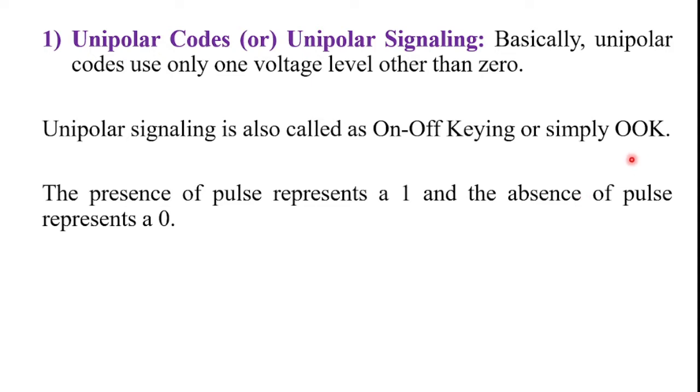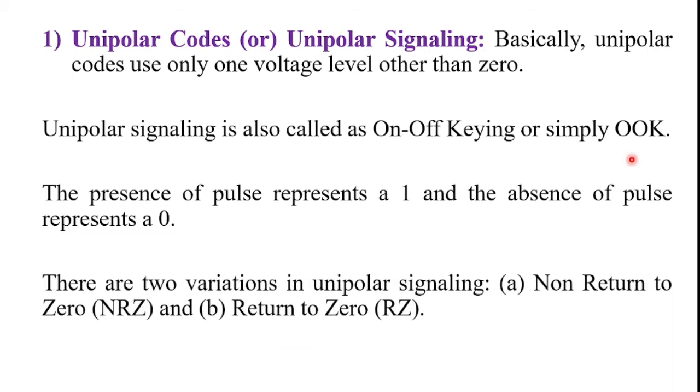In unipolar coding or unipolar signaling, the presence of a pulse represents a 1 and the absence of a pulse represents a 0. This type of unipolar code is characterized into two types, non-return to zero unipolar code and return to zero unipolar code.